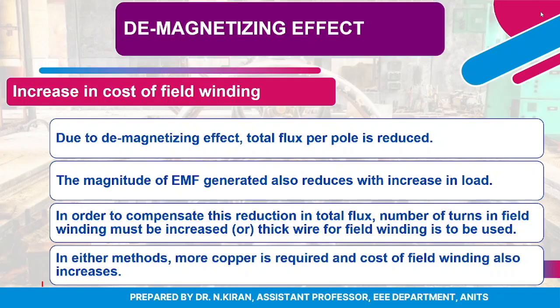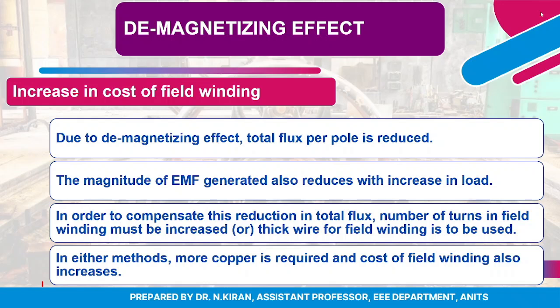Due to this demagnetizing effect, as we have seen, the total net resultant flux gets reduced, due to which the magnitude of generated EMF is also getting reduced with increase in load. In order to compensate this decrease in generated EMF and resultant flux, we compensate the reduction in flux by adding extra turns in the field winding, so that this reduction in flux can be eliminated.